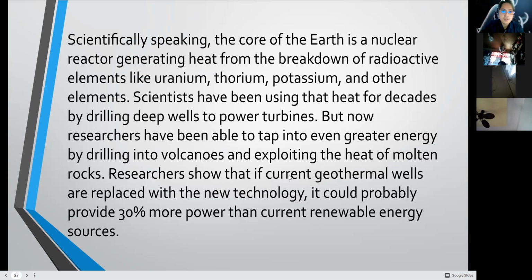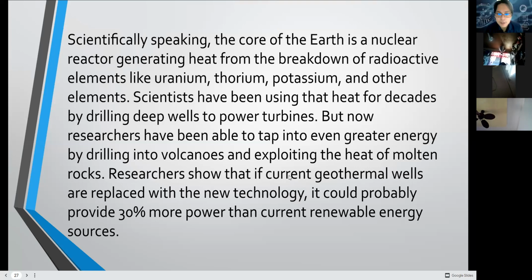Right? Scientifically speaking, the core of Earth is a nuclear reactor generating heat from the breakdown of radioactive elements like uranium, thorium, potassium, and other elements. Very true. Scientists have been using that heat for decades by drilling deep wells to power turbines. But now researchers have been able to tap into even greater energy by drilling into volcanoes and exploiting the heat of molten rocks.